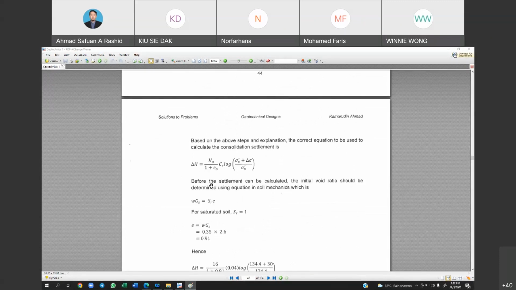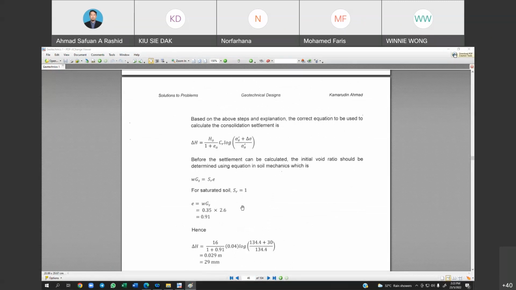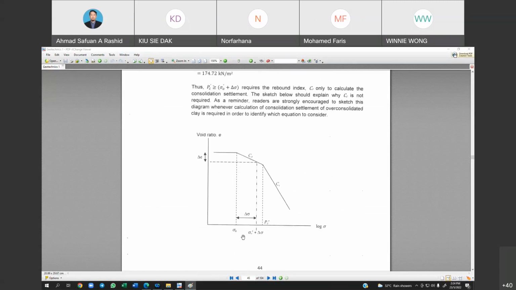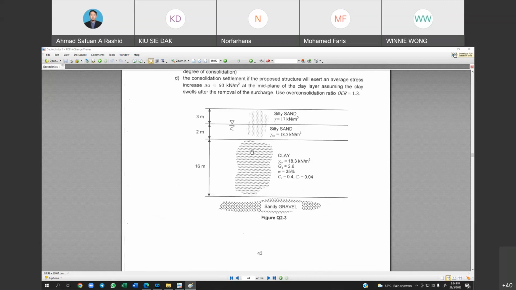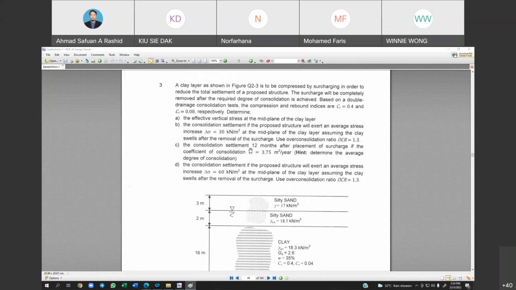Then put the e naught inside the equation, and we get delta H equal to 29 millimeter. There should be no question because it's already been presented in the reference book.